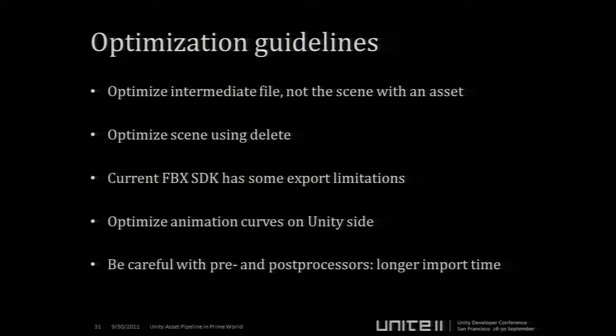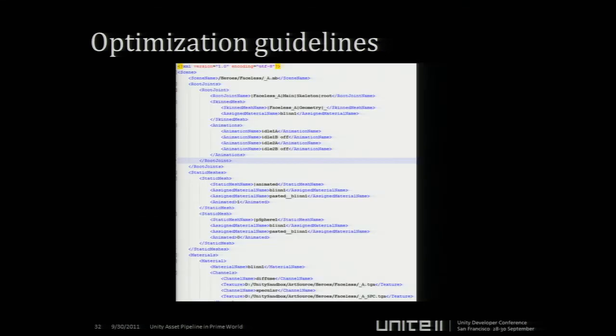I would also like to recommend that you be really careful with pre and post processors, especially in large projects, because this basically means longer import time. Here's an example of an XML file describing the scene with the character that I have shown you before. It contains information about the root joints, the skin mesh, materials, and other stuff. I was trying to use that to reconstruct the material from Maya on the Unity side.